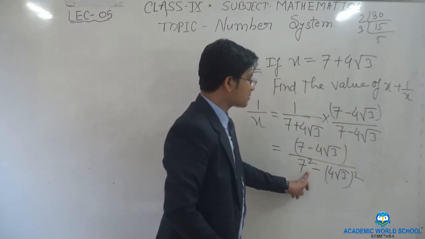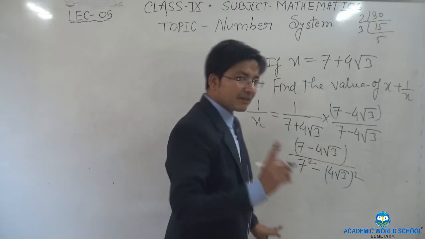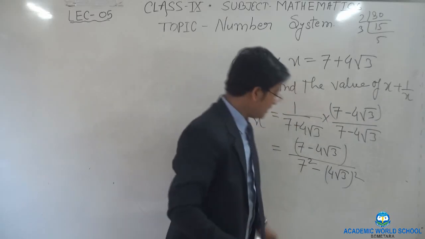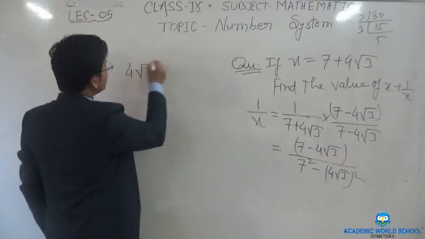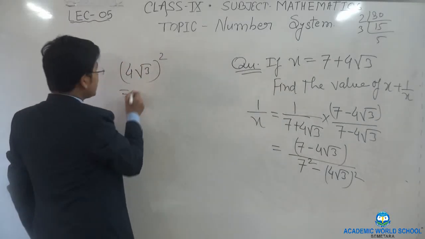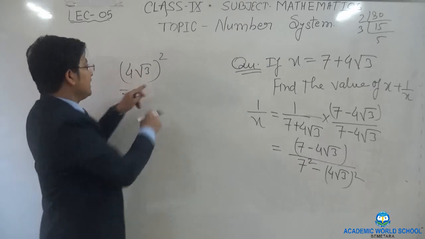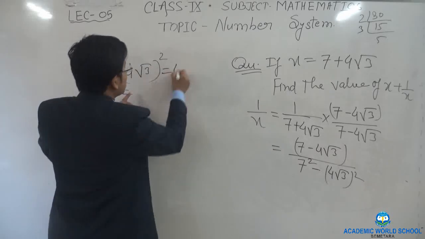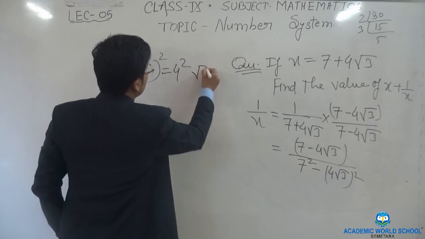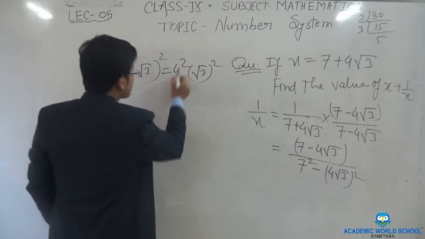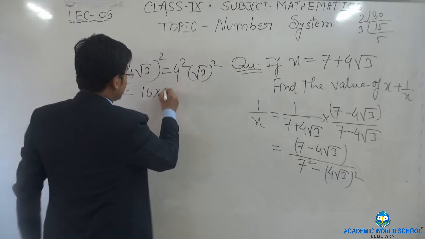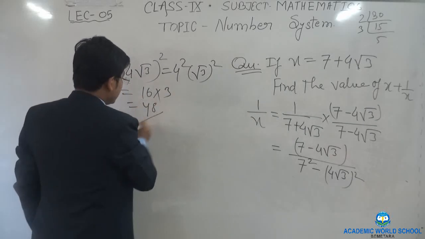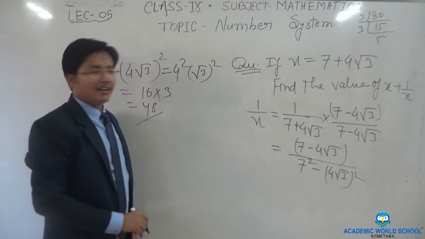7 square is 49. Now 4 root 3 square: we know that if we have ab and there is a square, it means we square each individually. So 4 square is 16, into root 3 square is 3, which is 48.